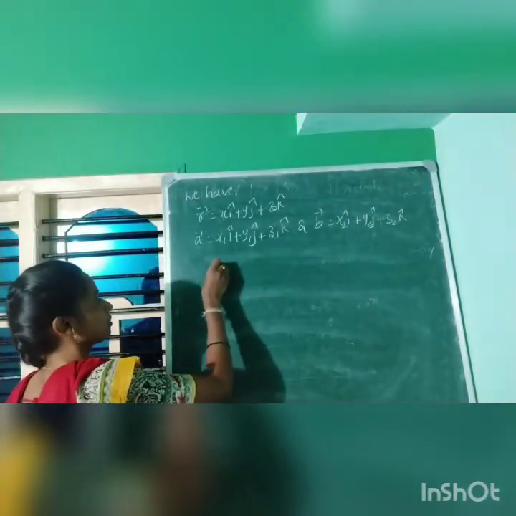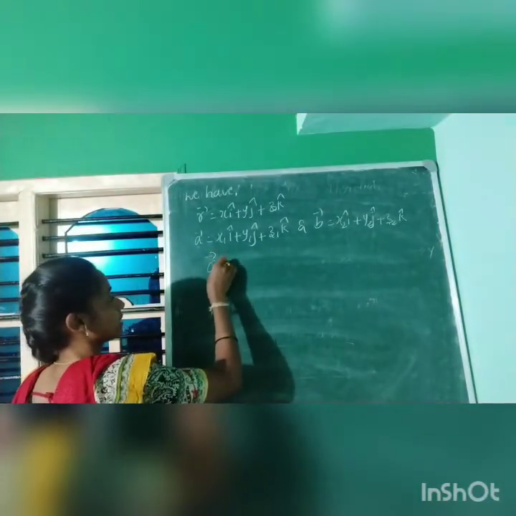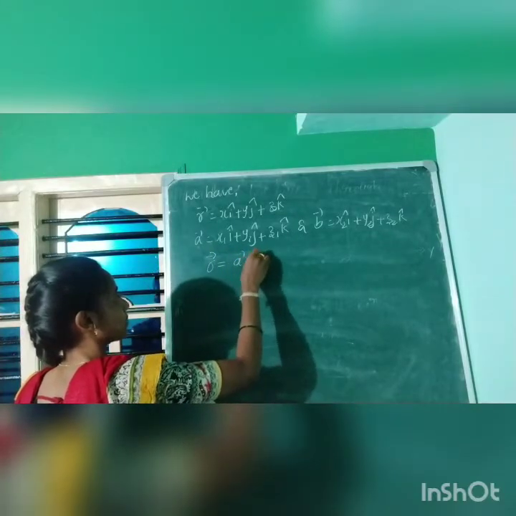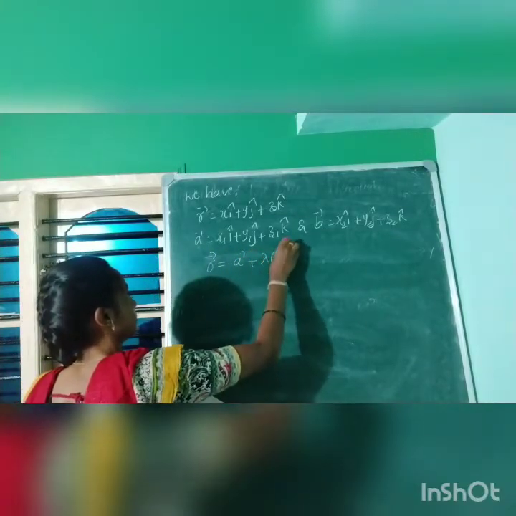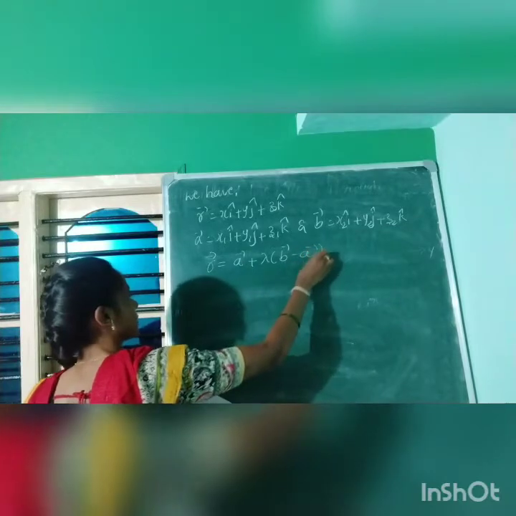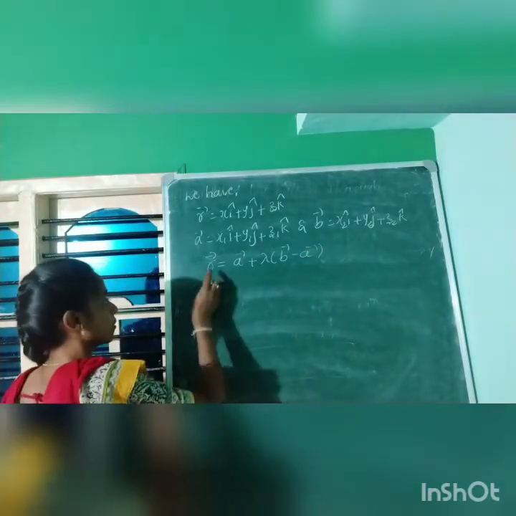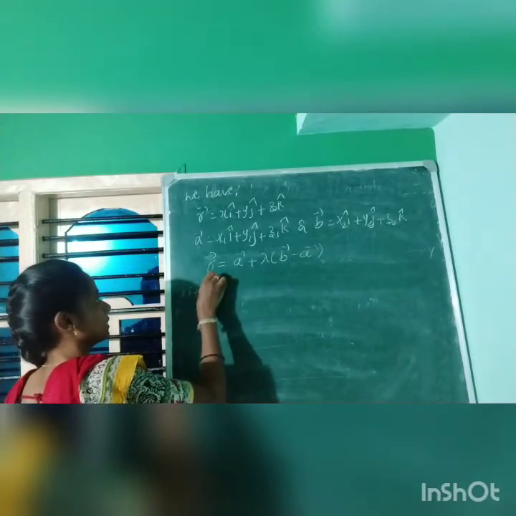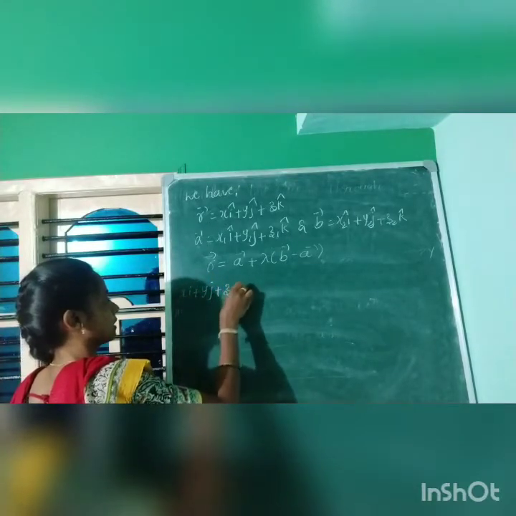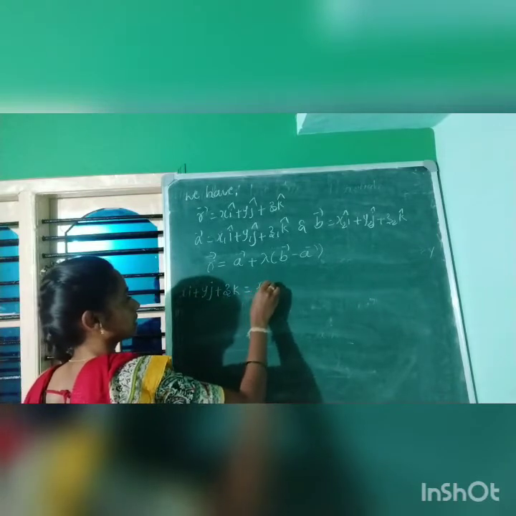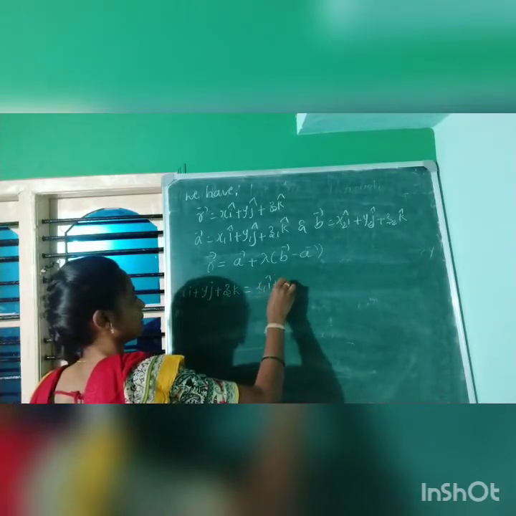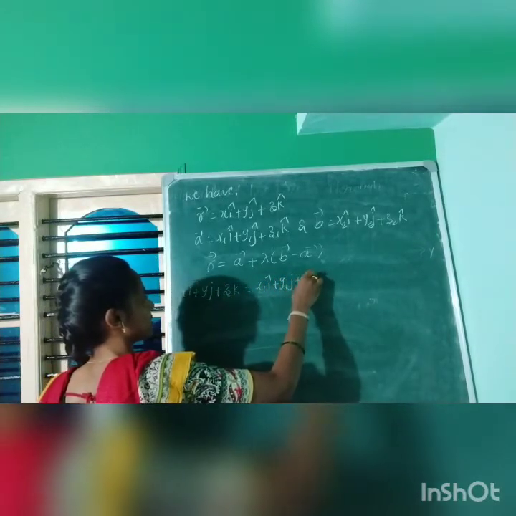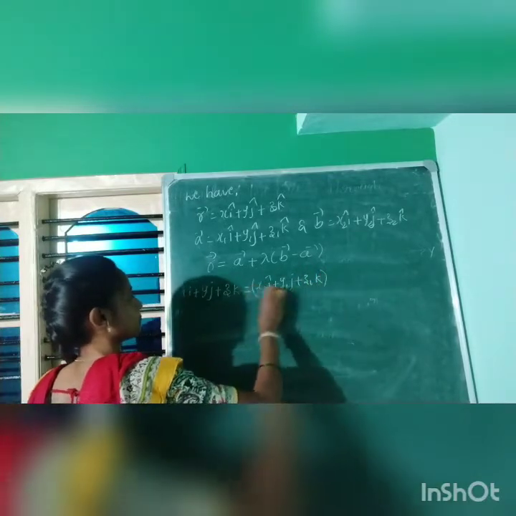So we have the vector form: vector r is equal to vector a plus lambda into (vector b minus vector a). You just substitute. Vector r is nothing but xi plus yj plus zk. Vector a is x1i plus y1j plus z1k.